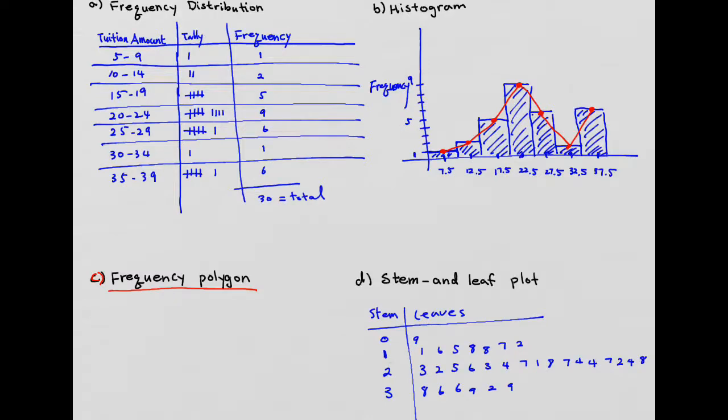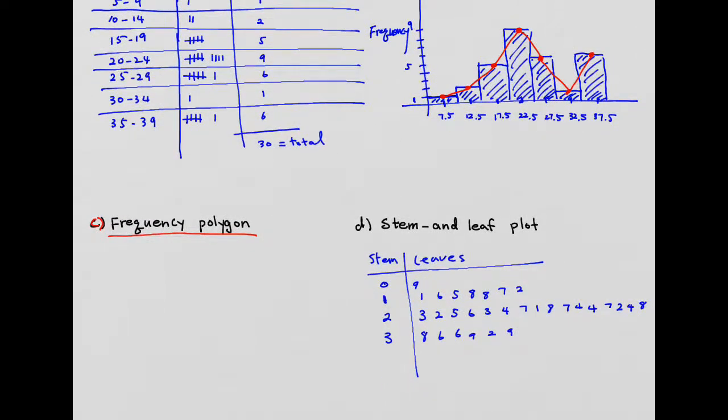But for a stem and leaf plot, you do know the exact numbers. So you have 11, 16, 15, 18, right? Exact numbers. But at the same time, you can also see that most schools' tuition falls in the middle group, which is 20-something, right?